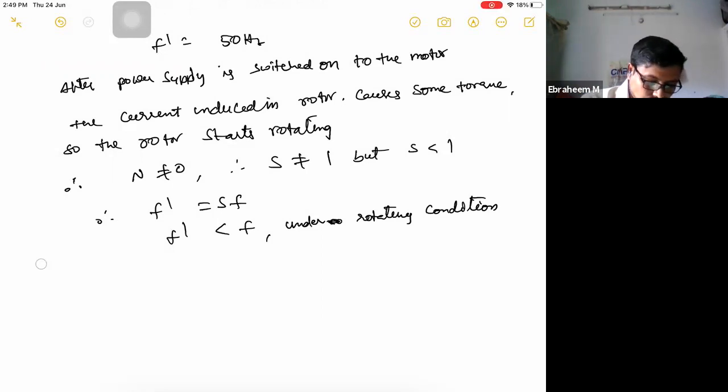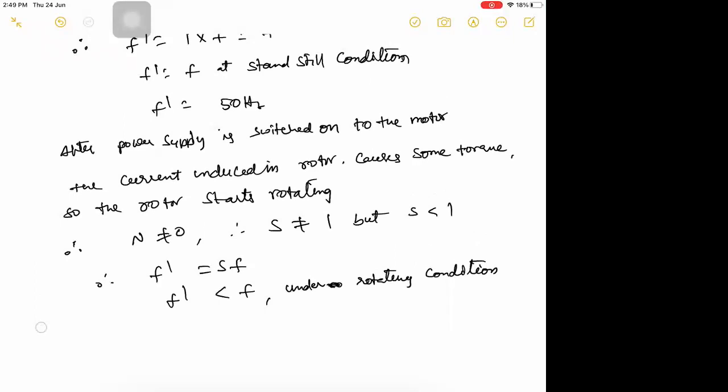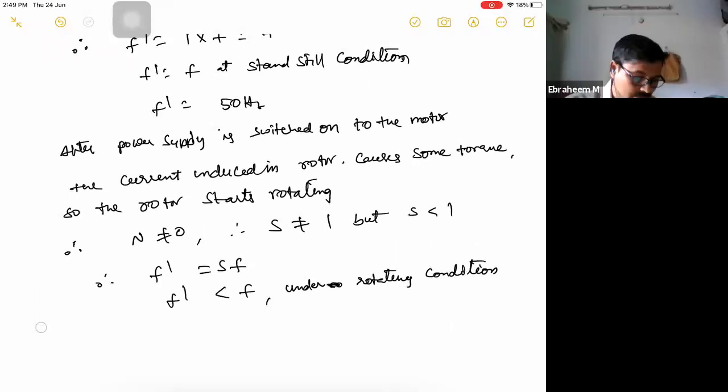So that means the slip plays an important role in the operation of the induction motor, right? So after power supply is switched on to the motor, the current induced in rotor causes some torque, so the rotor starts rotating.